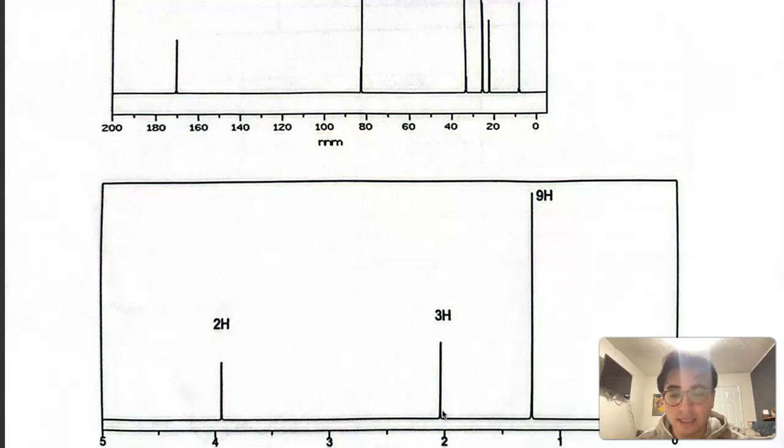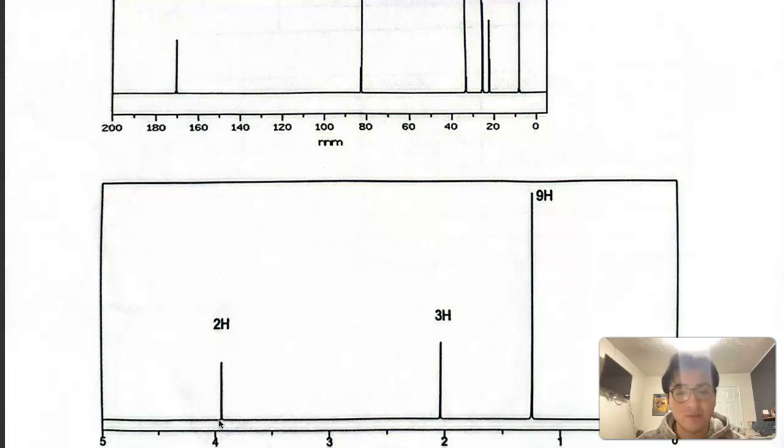Because it is more downfield, we know that it's attached to one part of the carbonyl. We don't know yet if it's the carbonyl or the O part of the ester, and it is also a singlet. We also see a peak at 4 ppm. It's a 2H, indicating a CH2 group, and it is also a singlet.